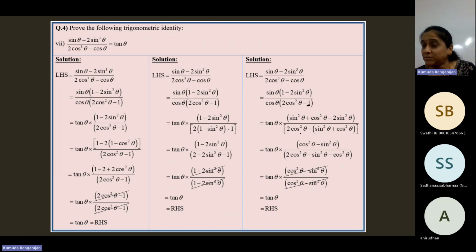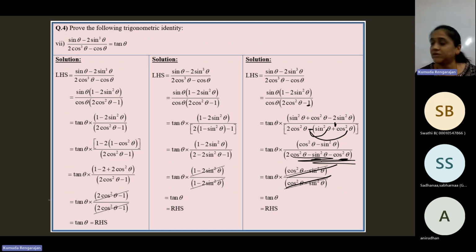But when you're replacing 1 with sine square theta plus cos square theta, this one has more than one term, so you should put it in a bracket. So in the next step, it will become minus sine square theta minus cos square theta. Then when you simplify the like terms, you will get the same thing. So they get cancelled and tan theta. So these are the 3 different methods.